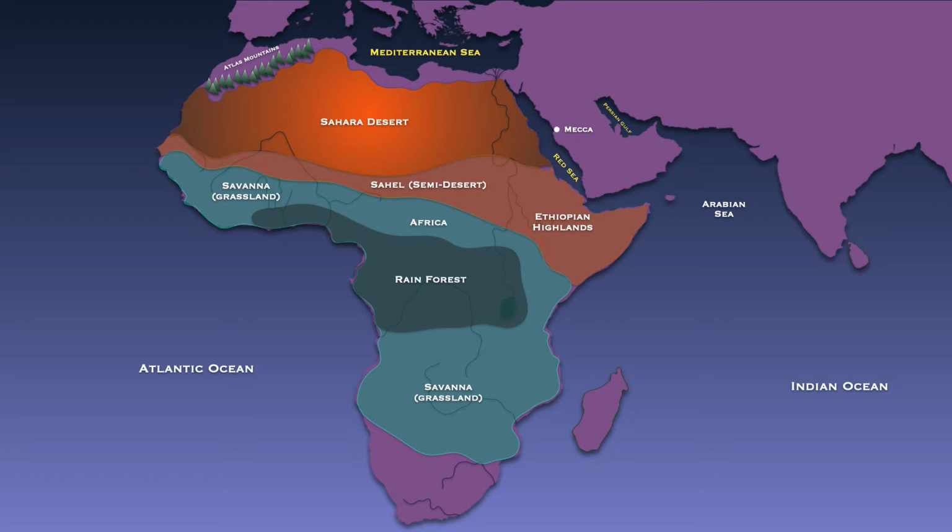And then as you move further north across the savanna, between that and the desert is basically a transitionary zone. It's a semi-desert region called the Sahel. And I want you to understand that where these lines begin and end basically shift and move as years move forward.